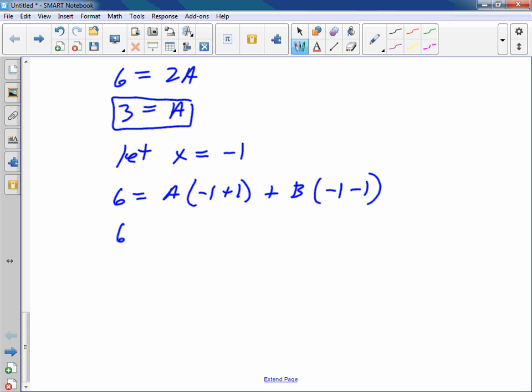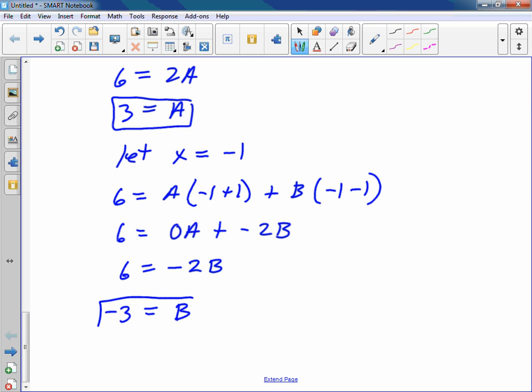And we'll get 6 equals 0a plus negative 2b. And then we get 6 equals negative 2b. And we get b equals negative 3.